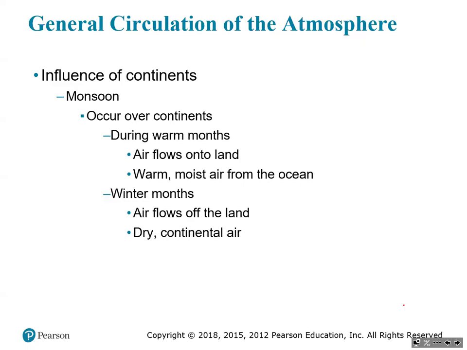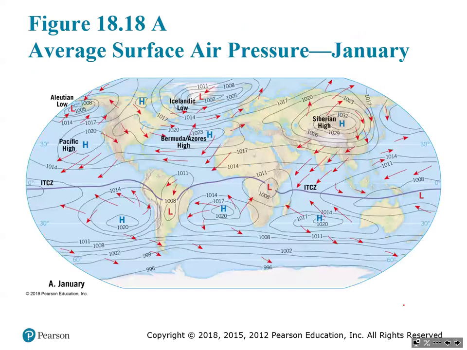You have dry continental air and minimal rain. Because during the warm months, the land is hotter than the ocean, so that's going to be lower pressure. Where it's hotter, air is going to flow from the ocean to the land. During the winter months, the air will flow off the land to get dry continental air.